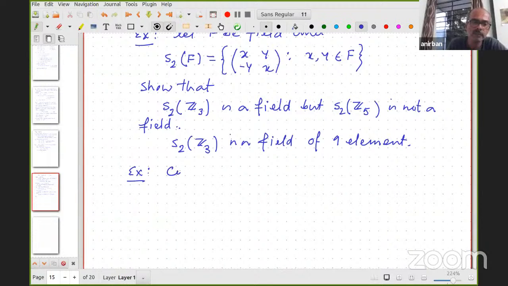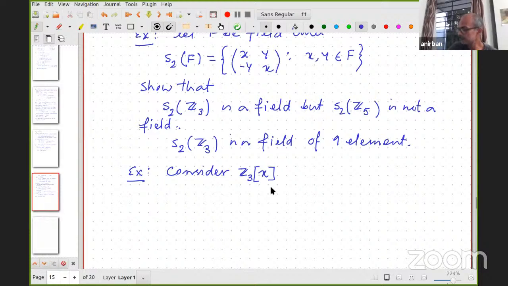So consider, again we are constructing a field of 9 elements. So consider Z3[x]. So we're looking at the polynomial ring over Z3. So these are the collection of all polynomials with coefficients coming from Z3.